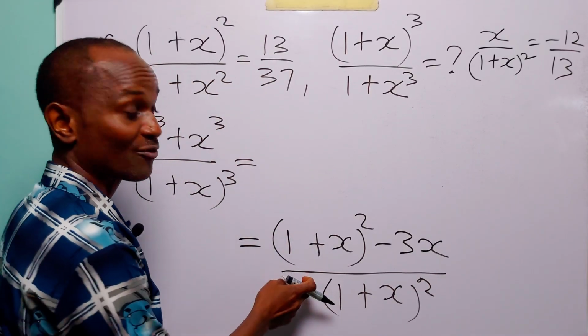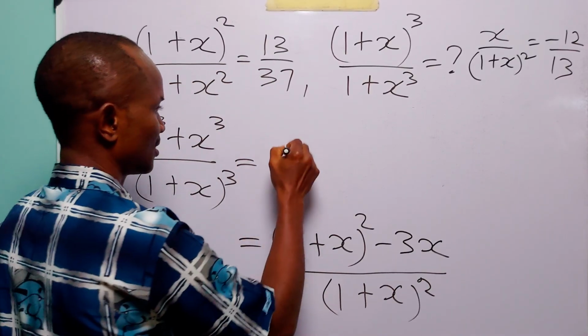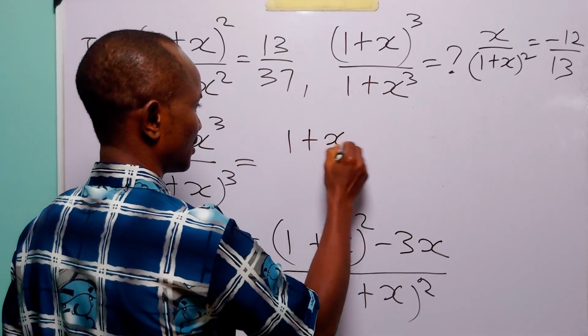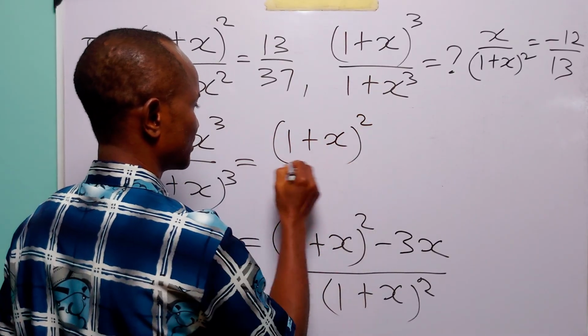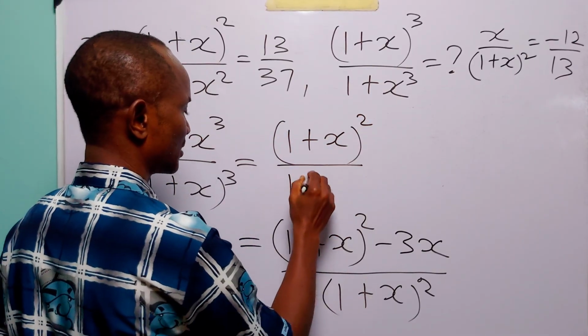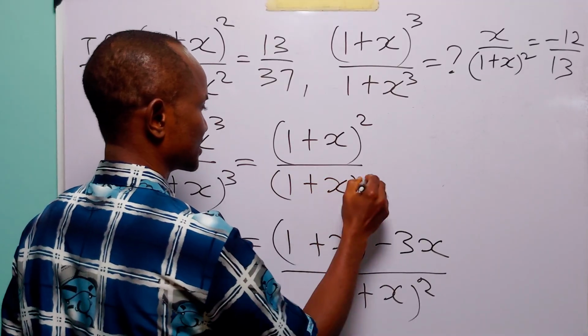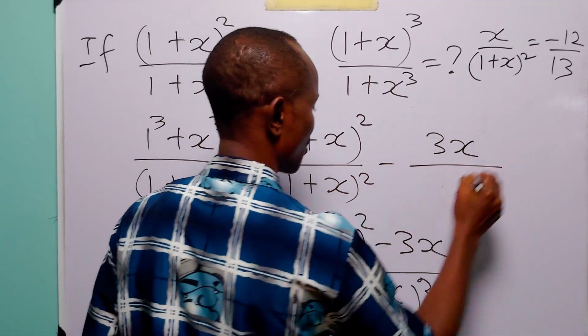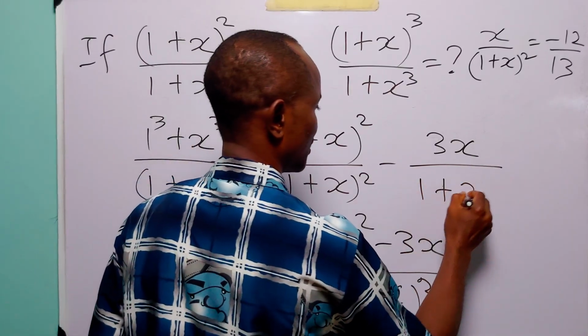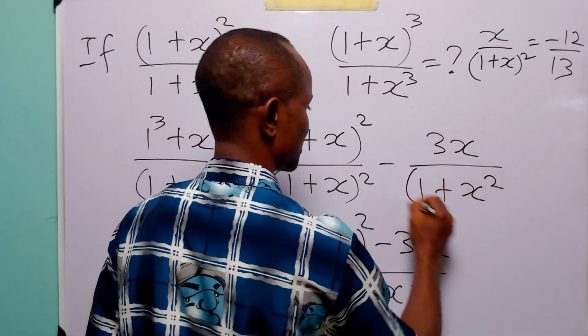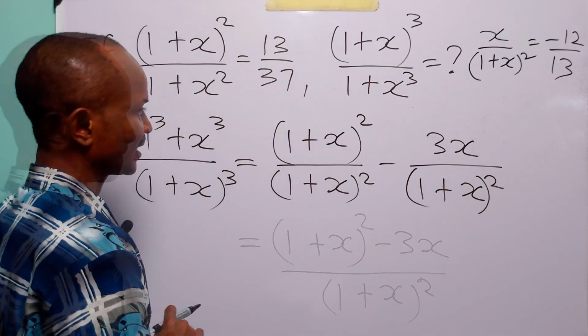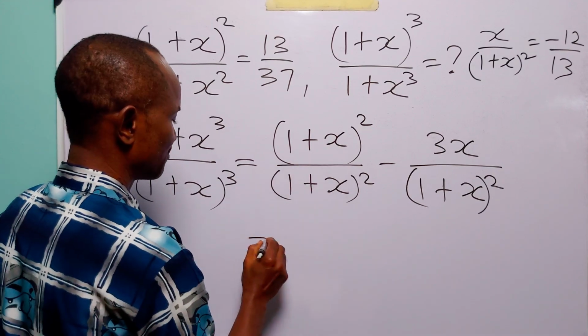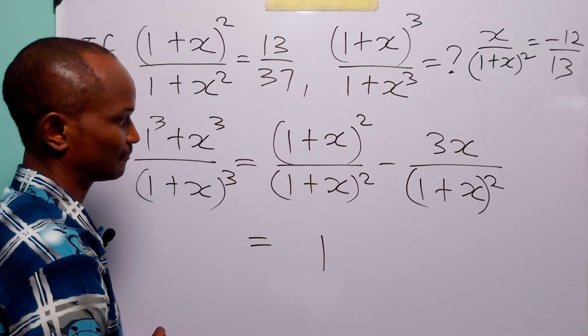And once more, we can write this fraction as (1 + x)² over (1 + x)² minus 3x over (1 + x)². This fraction is simply equal to 1.